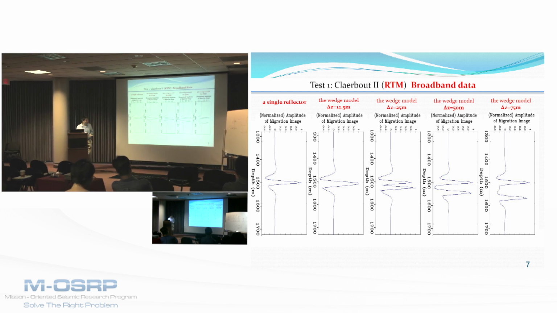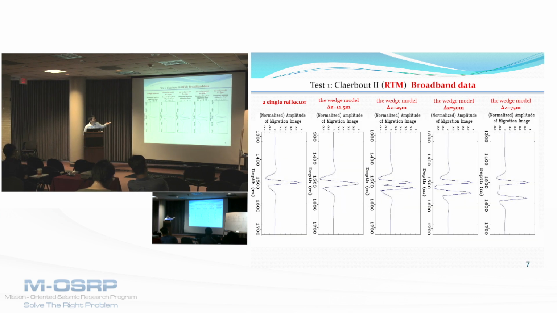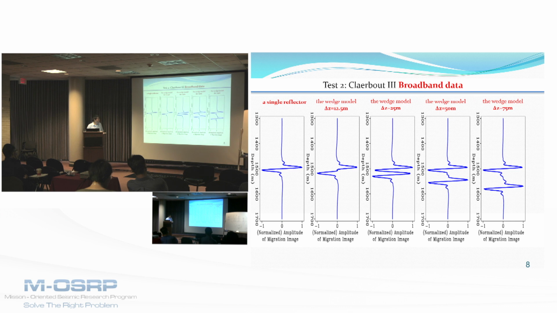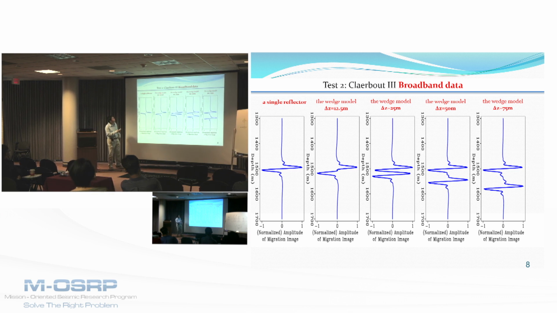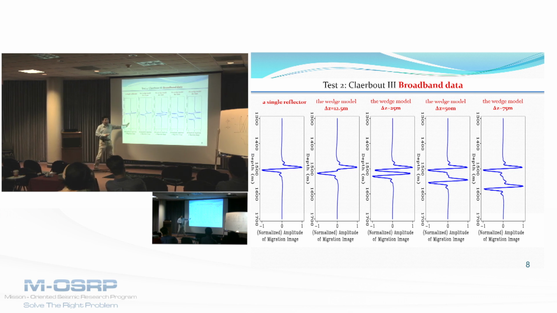So in this case, the necessary gap is 50 meters. And this is for the C3 imaging. Similarly, the first panel is the one reflector imaging. At the 12.5 gap, we have no way to distinguish that we have two.